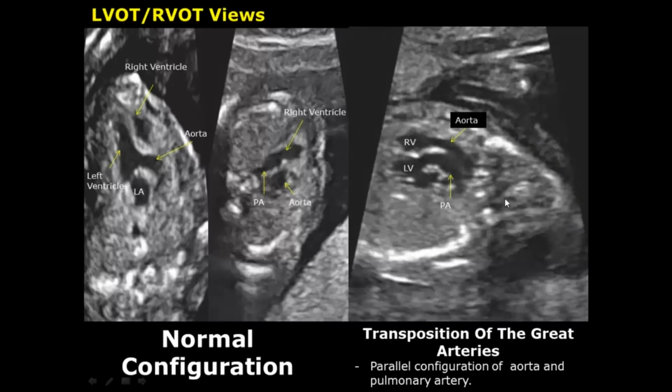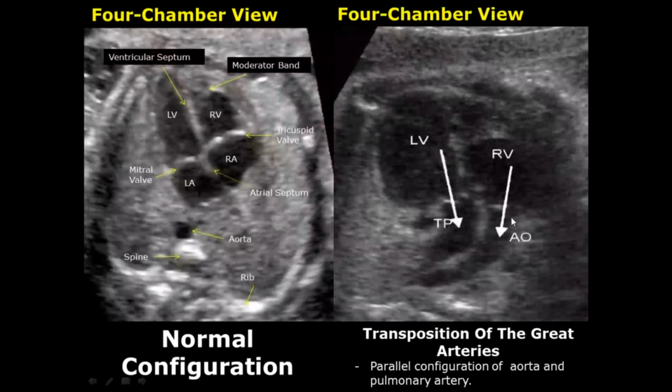So this parallel configuration is a sign of transposition of the great arteries. In this four-chamber view, you can see the parallel configuration, which is not present in the normal view. This is a transposition of the great arteries.